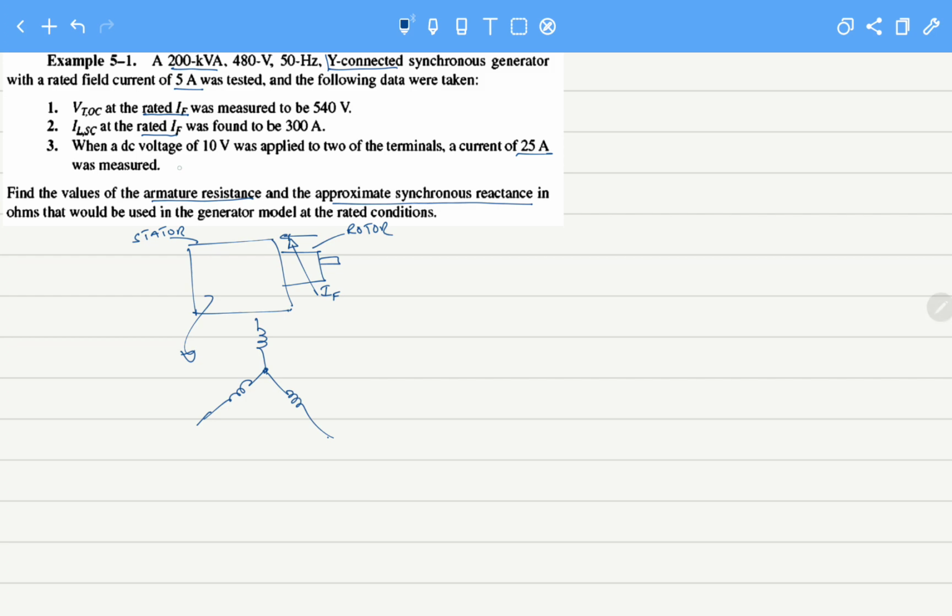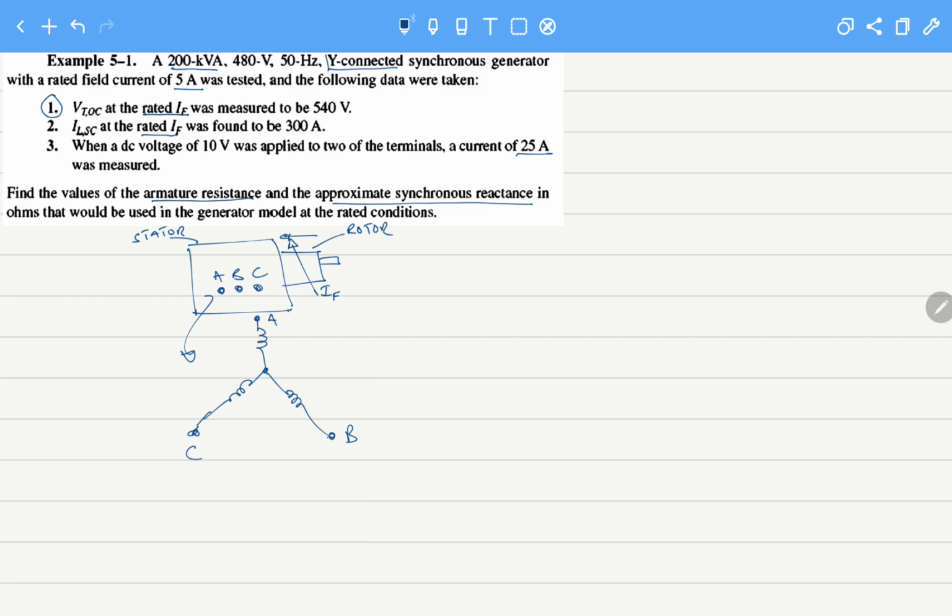Now the first of the tests is on the voltages. They have performed the open circuit test. That means here are the terminals, I call them A, B and C. Internally it is connected like this.